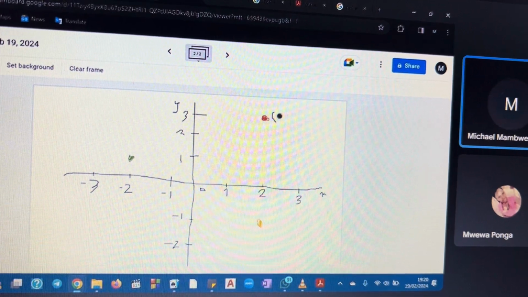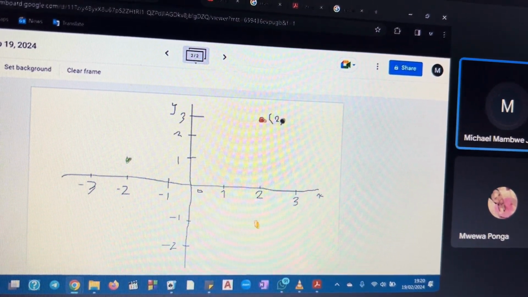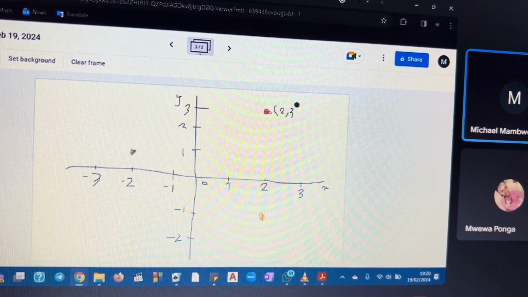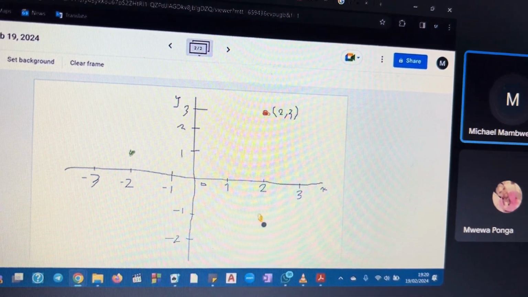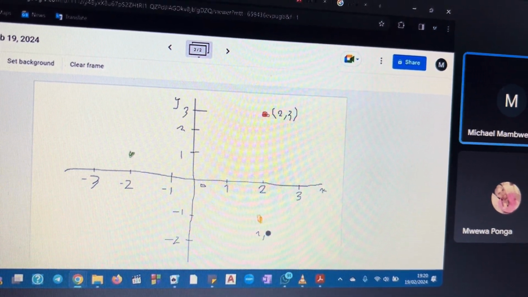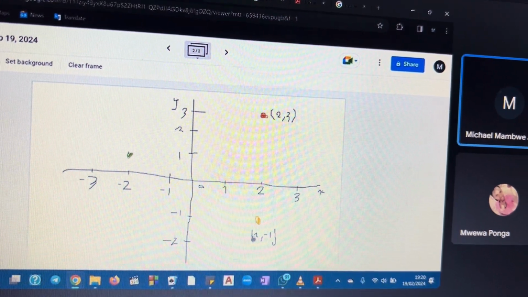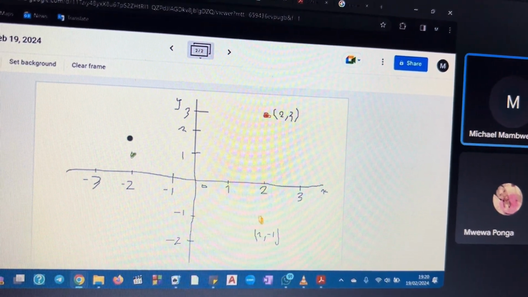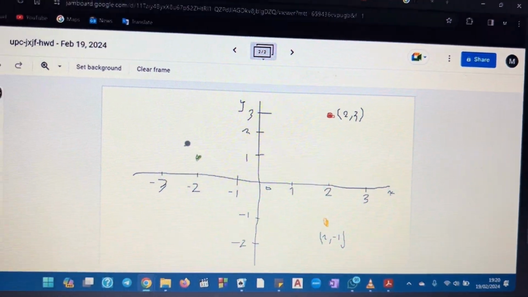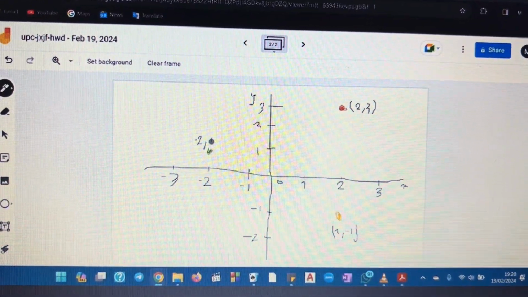So this point here is 2, 3. And then this one here is 2, negative 1. And then this one here is negative 2, 1.